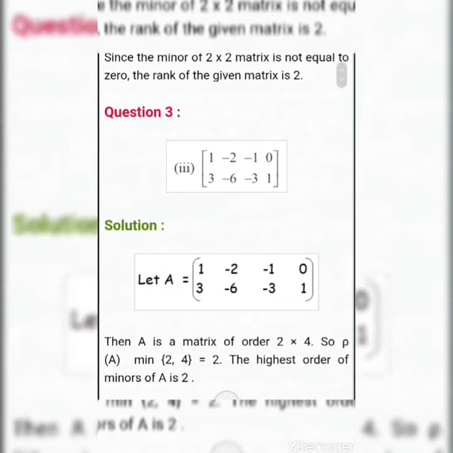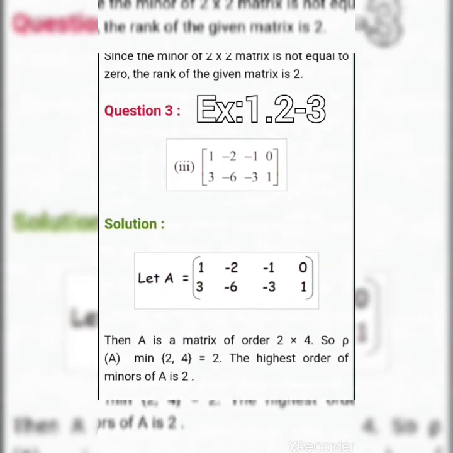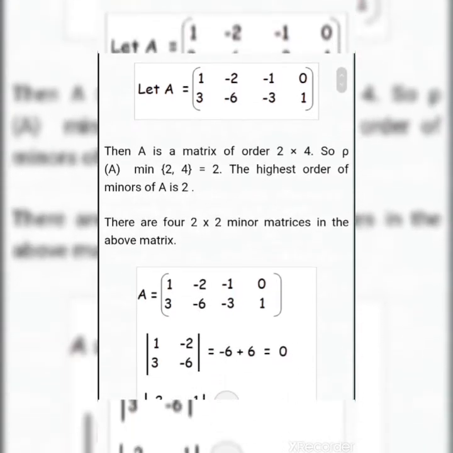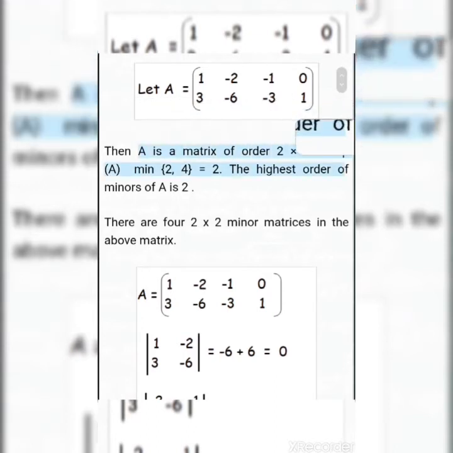Okay, next, question number 3. The order of the matrix is 2 by 4: 1, minus 2, minus 1, 0; 3, minus 6, minus 3, 1. A is a matrix of order 2 by 4. So the rank of A is minimum of 2 comma 4, which is 2.